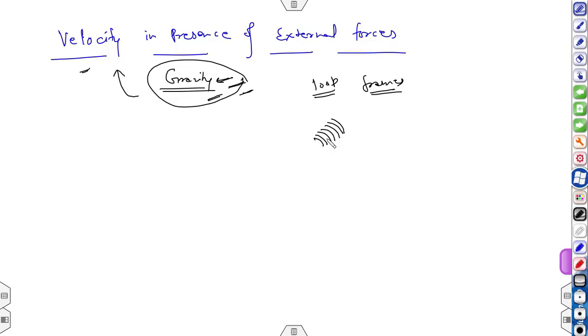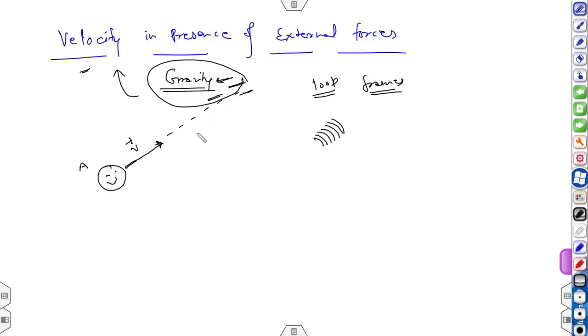Suppose there is a character A, and if this character moves with velocity v in this direction, if there is no external force, this character will always move in the same direction.